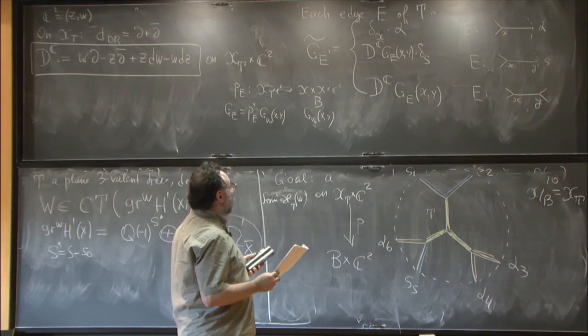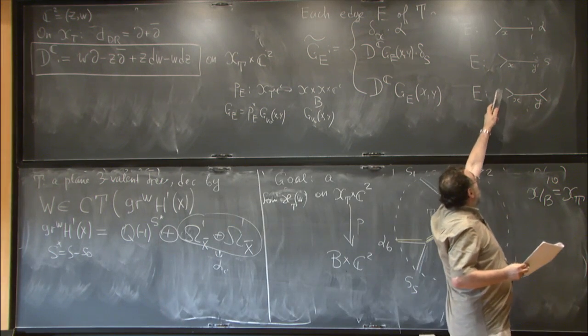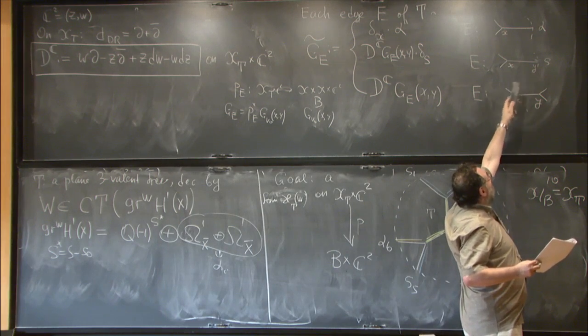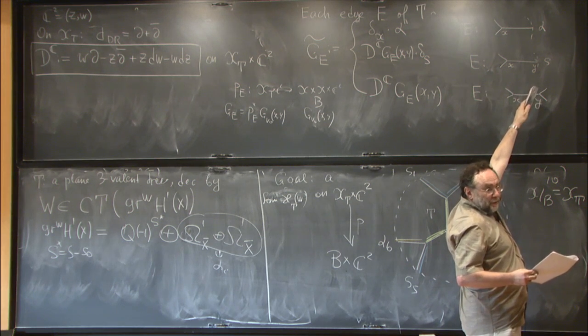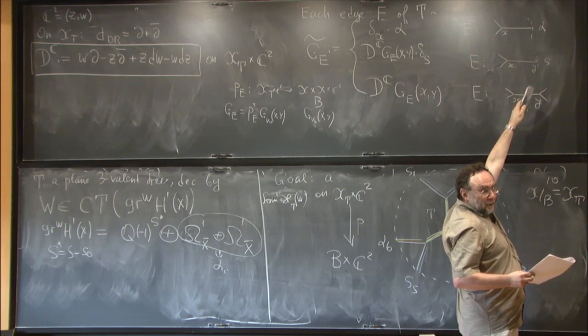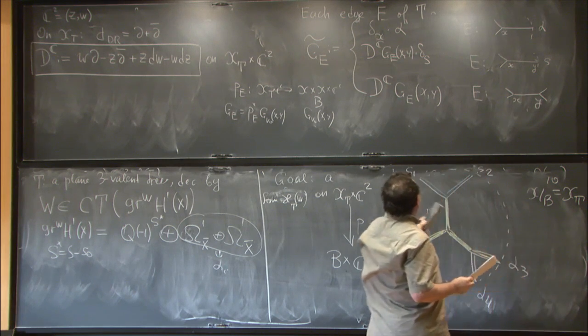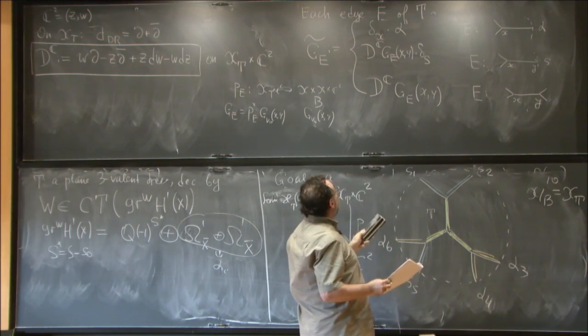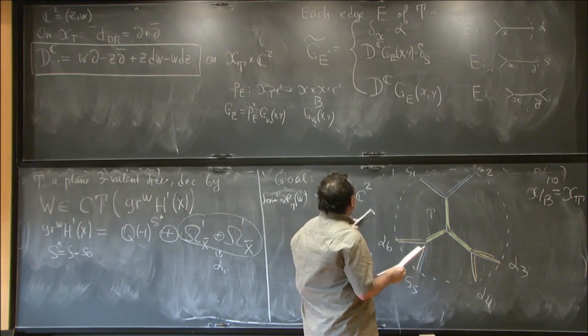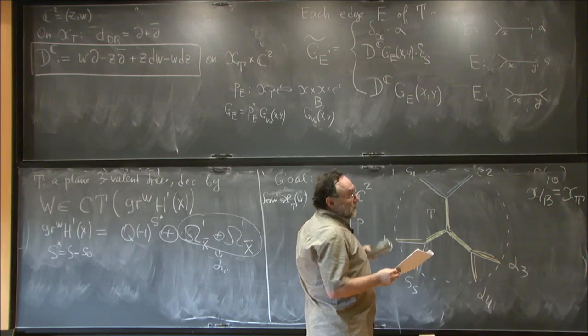Delta s is a delta function. You have a product of two curves, x and y, and on one of these curves you can put a delta function at s. It's a 1-1 current. But you can still multiply it by the green function. And what's delta of x? Delta x is the delta function of the diagonal.